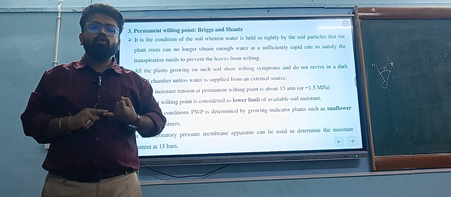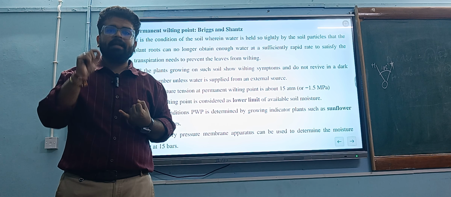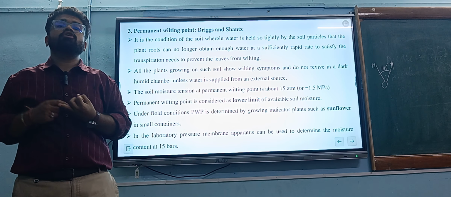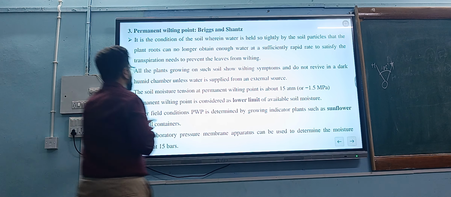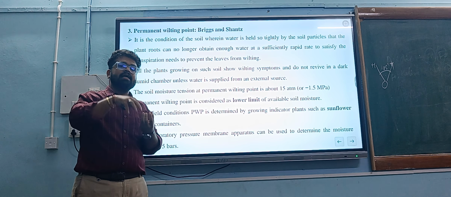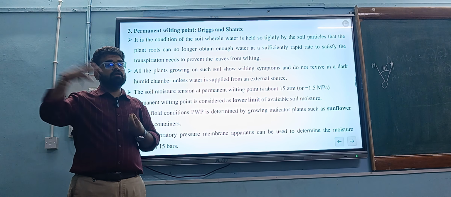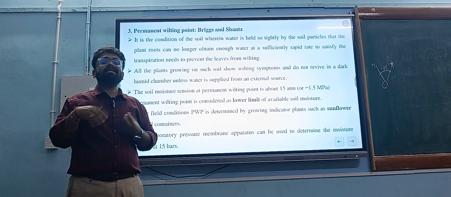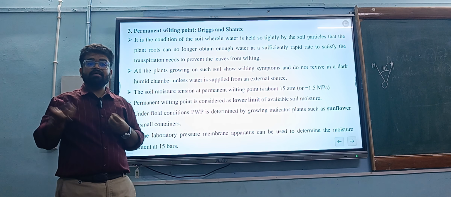In field condition, we use the sunflower technique, or growing of sunflower, to determine the permanent wilting point. Suddenly, the sunflower will dry earlier as compared to other plants, because of that it acts as a moisture indicator.